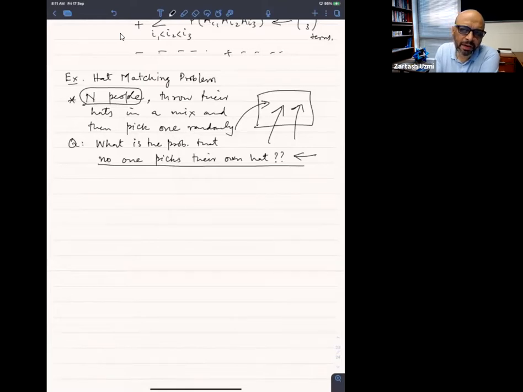If you have 1,000 people, what is the probability that no one will pick their own hat? Could someone give a range, make a guess about this range? Intuitively, what do you think? Say some range between 0 and 0.5, between 0 and 0.1, whatever is your guess, just say it.